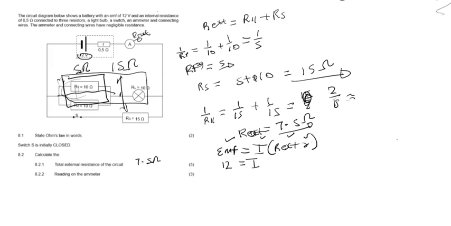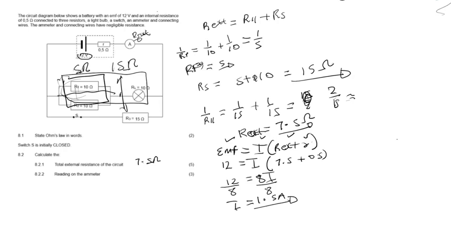So the EMF is equal to 12. Our current is what we're looking for, our external resistance is 7.5, and our internal is 0.5. When you add everything, it should give you 8. Then divide by 8.